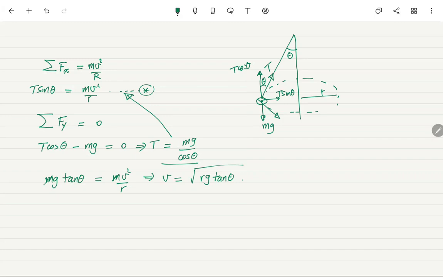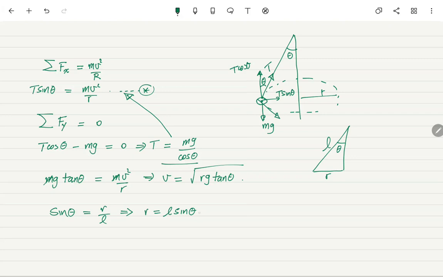Now in terms of the length of the rope, let's find r. So we have here a right angle triangle. If this is r, the radius for the circular path, and this is the length of the rope, and this is theta, now sine theta equal to r over L. So r in this case equal to L sine theta.